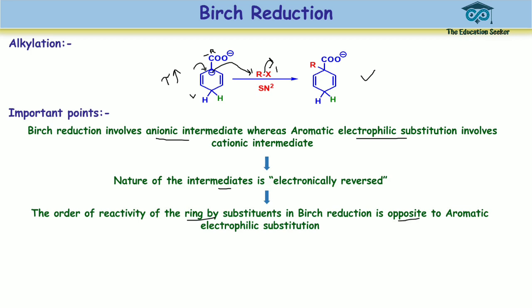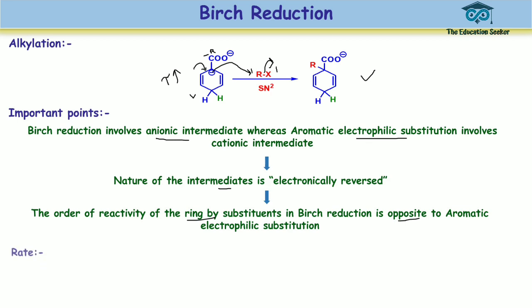That is, in aromatic electrophilic substitution, the reactivity of an aromatic ring having higher pi electron density will be more, and reactivity will be less when it has lower pi electron density. On the other hand, in Birch reduction, the reactivity of an aromatic ring having higher pi electron density will be less, and reactivity will be more when it has lower pi electron density.